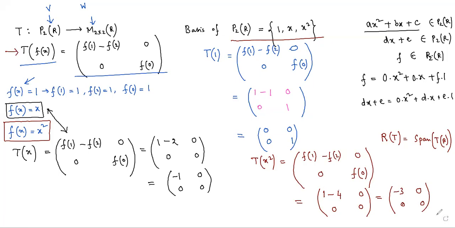Now just try to recall the theorem that we discussed just now. In the theorem we said that RT is actually the span of T beta. This means RT is equal to the span of these elements TV1, TV2, ..., TVN.